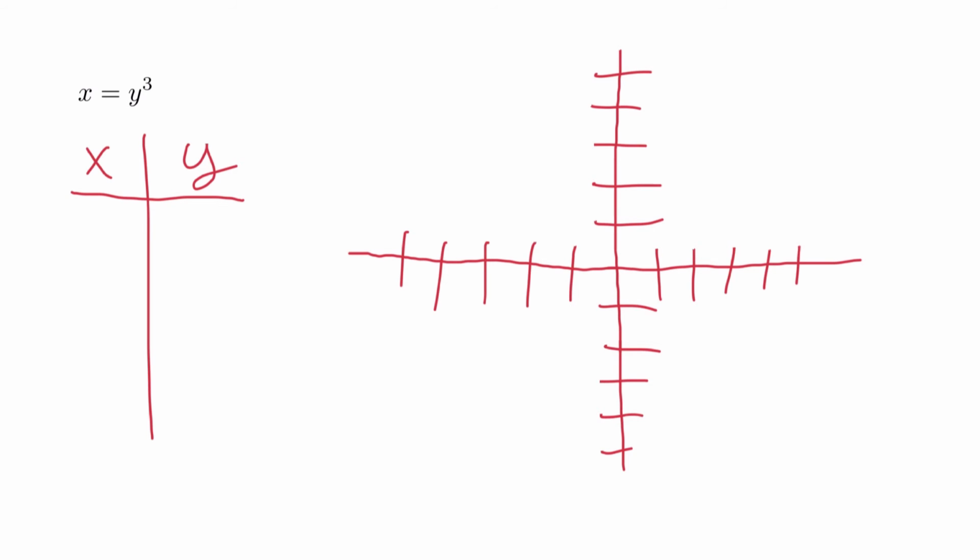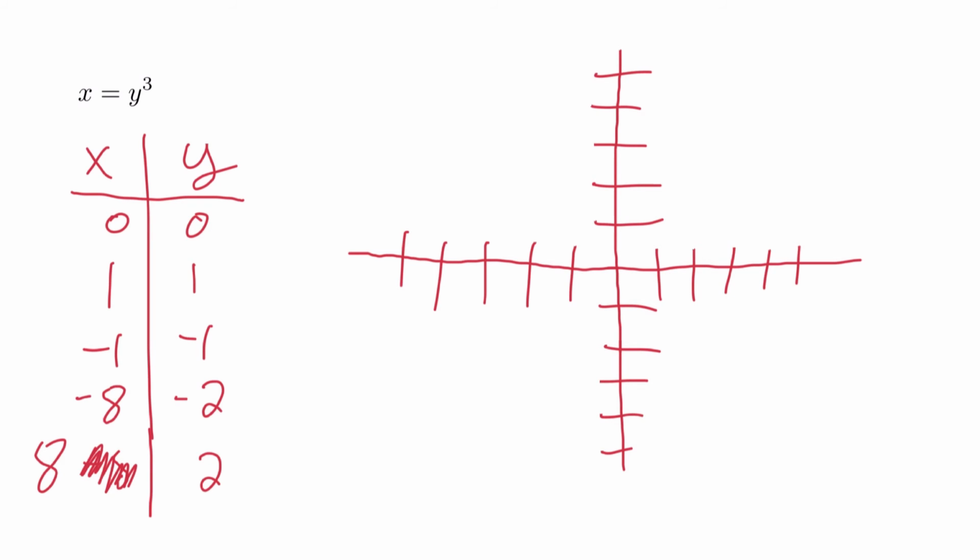So if I plug in y equals 0, I get 0. y equals 1, 1; minus 1, minus 1. y equals minus 2, I get minus 2 cubed, so minus 8. If I plug in positive 2, I get positive 8. So I'll start plotting these points.